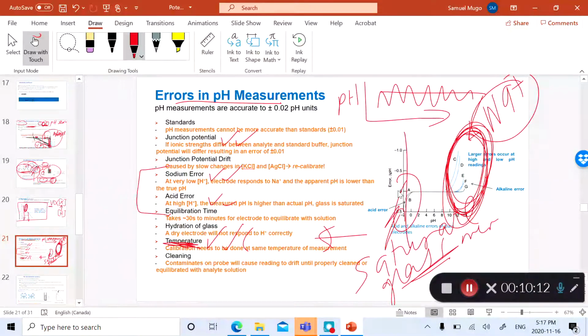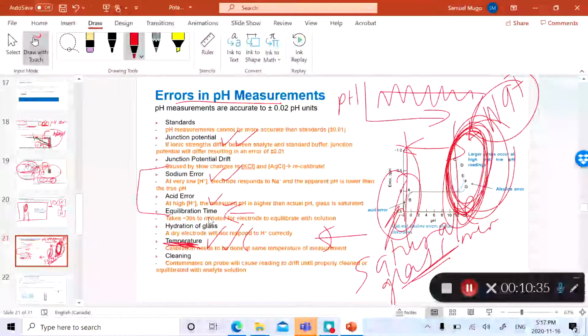The dynamic range of the pH electrode is therefore not very wide because of the sodium error and the acid error. One other problem with the pH electrode is the equilibration time. Remember, you always have to wait for equilibration because potentiometry is an equilibrium technique. You have to make sure the equilibration time is always constant, otherwise you get a bit of variation.